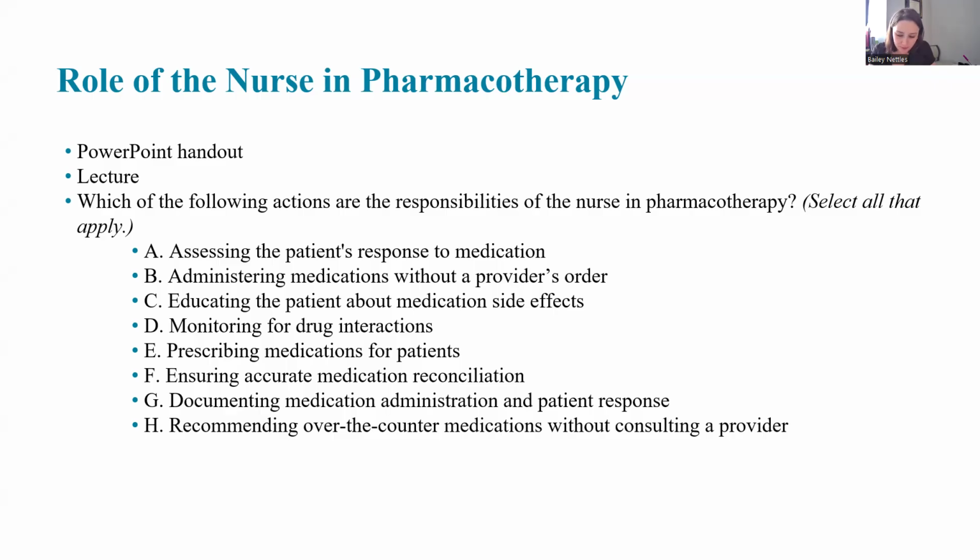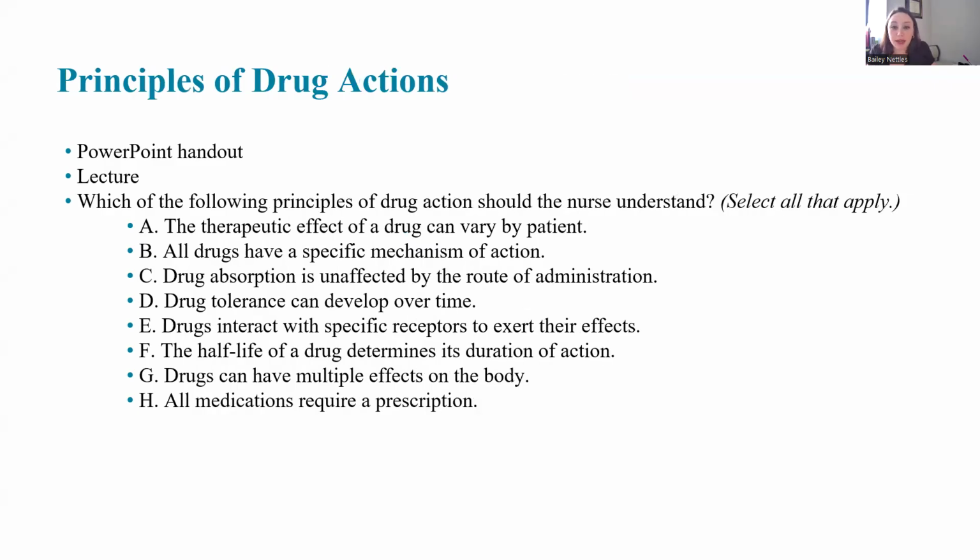All right. So let's go to drug action. Which of the following principles of drug action should the nurse understand? Select all that apply. Let's just do this true and false, straight down. Drug action, that's the pharmacokinetics, remember all that? The therapeutic effect of a drug can vary by patient.